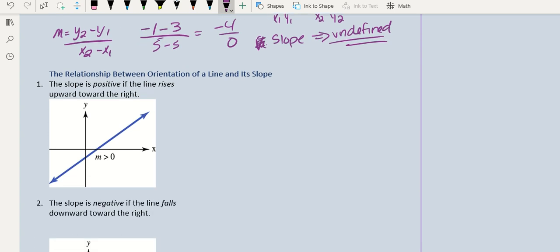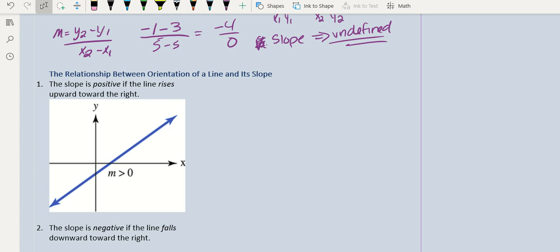So let's talk about the relationships really quickly. If you look at this graph right here, the slope is going to be positive. Anytime the graph rises up from left to right, that means it's a positive slope, meaning the slope is greater than 0.